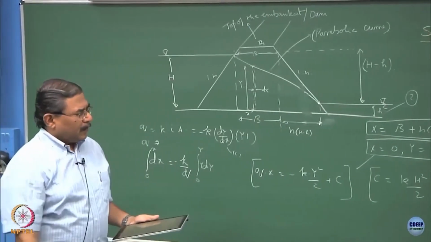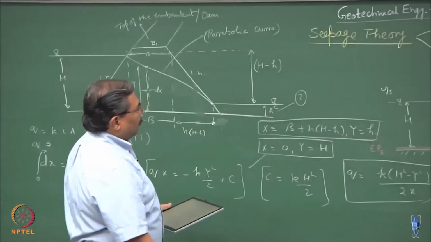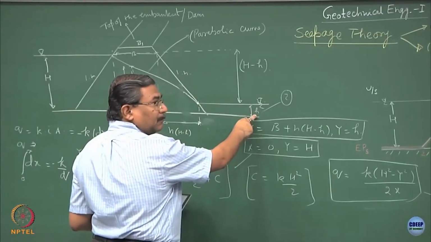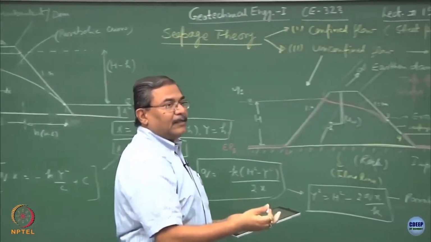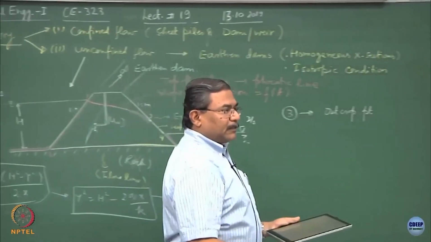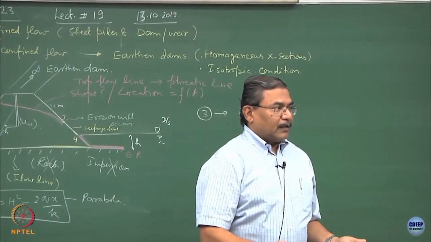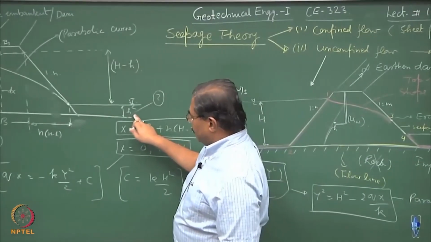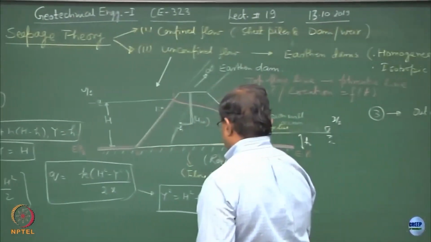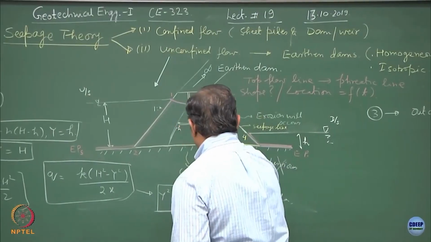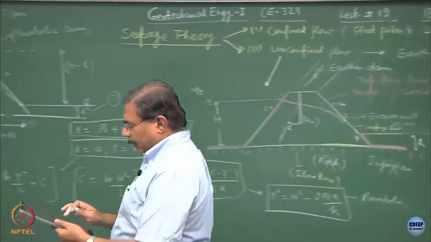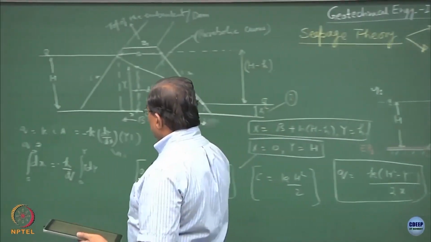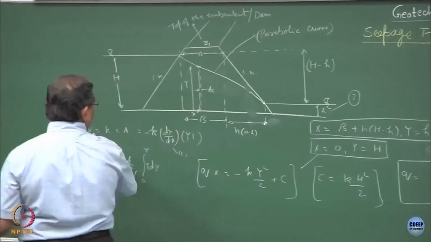Why? Because I would like to find out what is the maximum discharge taking place through which the h becomes maximum. So, I have to design the system in such a manner that the maximum discharge should not occur. So, I should be taking the value of h when it becomes maximum. So, if I want to maximize h, what I will have to do is I will have to write this expression in this form: a small q. A small q is not constant, a small q is a function of this.